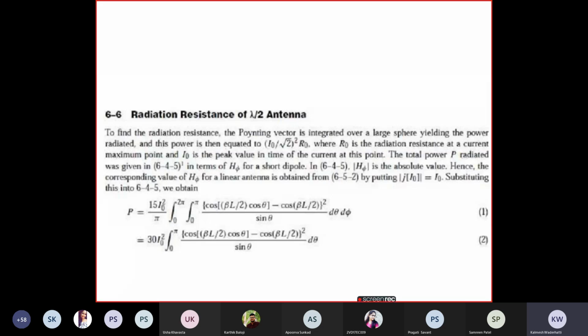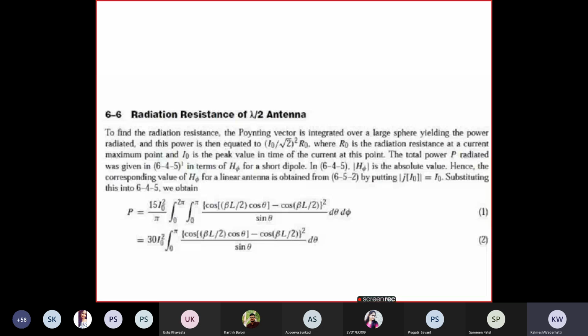Here, we are finding the power radiated in the far field. The pointing vector, whenever we are considering, the field equations will be analyzed with respect to the far field. And we are equating this far field equation to the power, that is I divided by root 2, whole square, into R0.